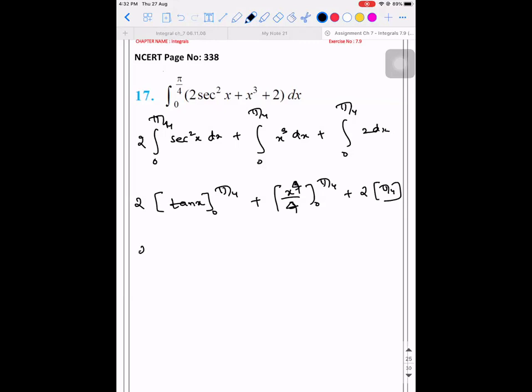So remaining part is only substituting: 2 into tan pi by 4 is 1 minus tan 0 is 0, plus pi by 4 the whole power 4 divided by 4 minus 0, plus 2 into pi by 4. Simplified version you people write. Should I move on?